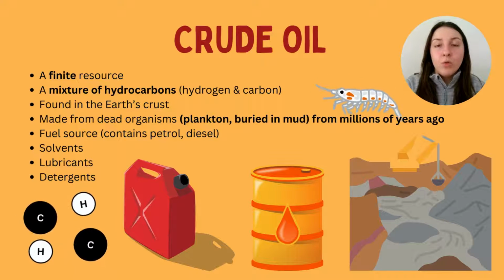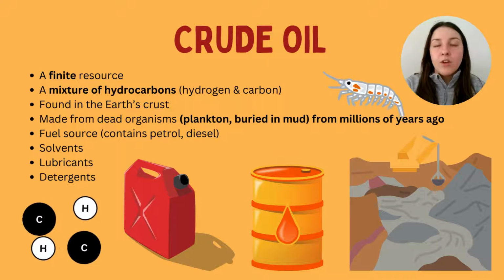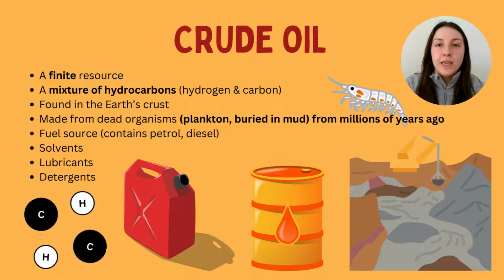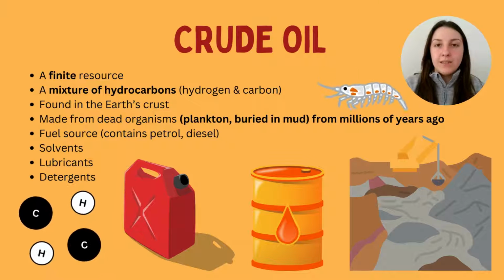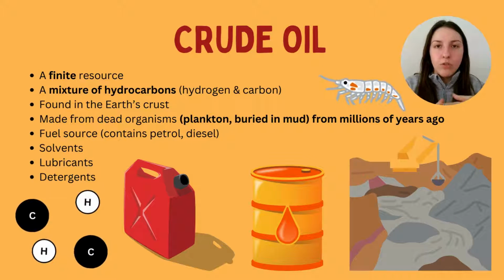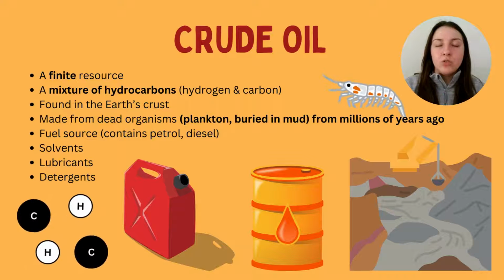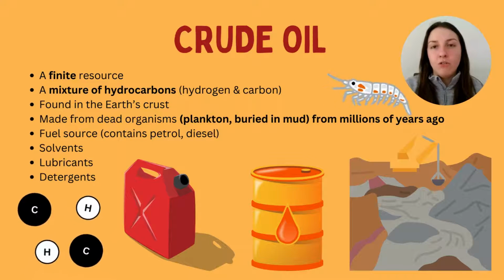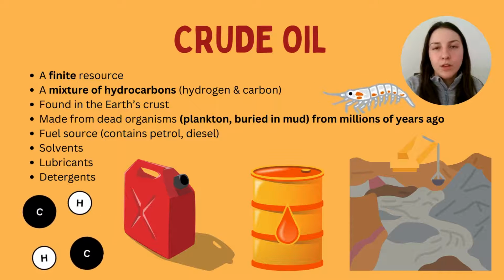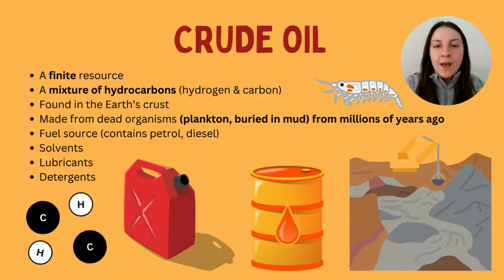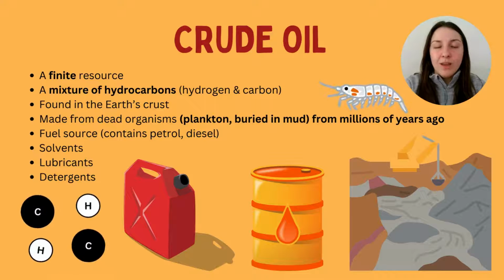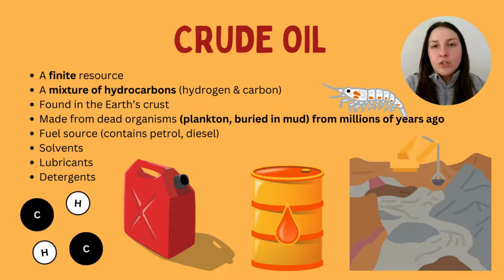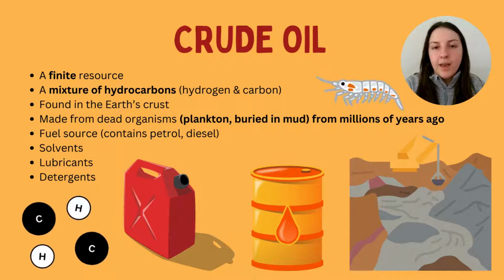In fact, there was a big oil disaster several years ago where a lot of the oil actually spilt onto the surface of the sea because oil is less dense than water, so it floated on the surface of the sea, and that actually caused a lot of destruction to organisms there. And I'll leave some information in the description box below for further reading if you would like to learn more. So essentially, crude oil is a useful resource, but it can also cause lots of habitat destruction. So it's kind of weighing up the pros and cons there.